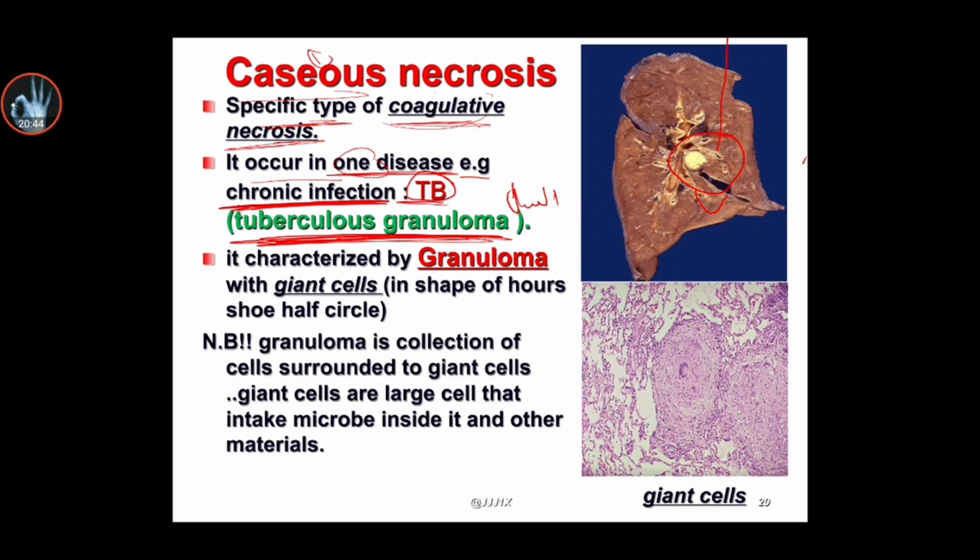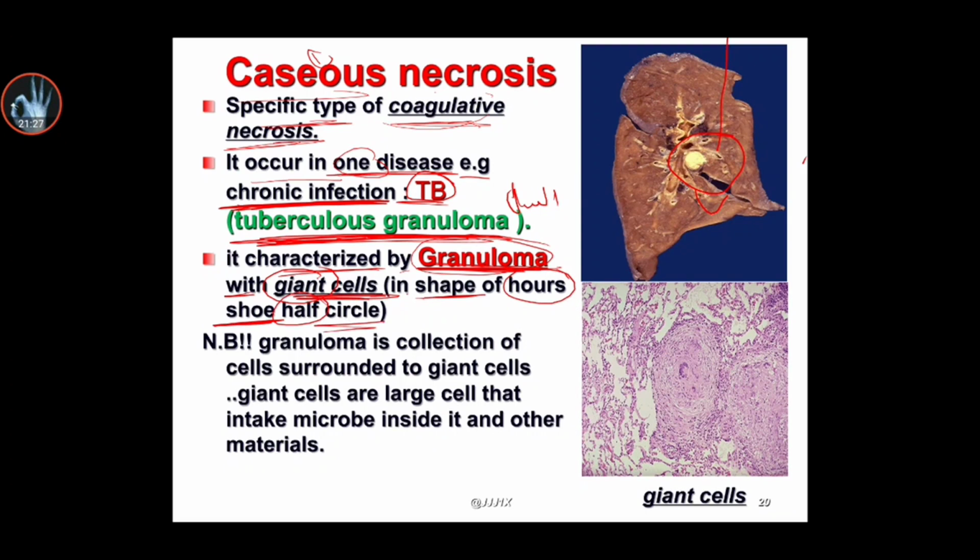So caseous necrosis has one disease, a chronic infection called tuberculosis. And it's characterized by granuloma with giant cells in the shape of a horseshoe circle.